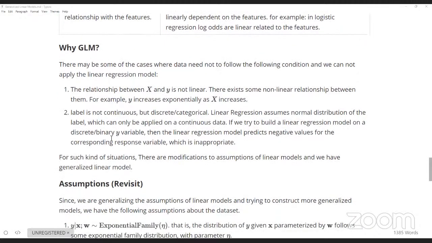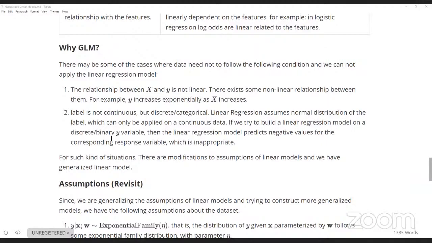Again, labels need not be continuous, right? Remember the logistic regression, where we failed to use the linear regression model. We adapt the procedure, but the output comes out to be real numbers, which we don't want because we want the classes. Since classes are categorical variables, we apply some kind of log odds and transform those labels into log odds.